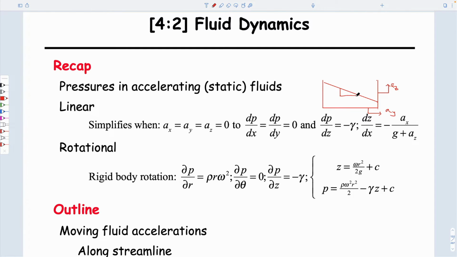And we can determine what that fluid slope is by doing what we did last time. We just put the pressure here, dP, equal to 0.